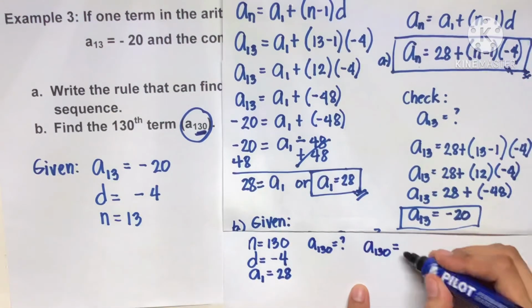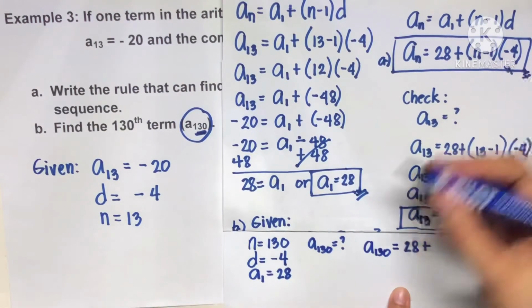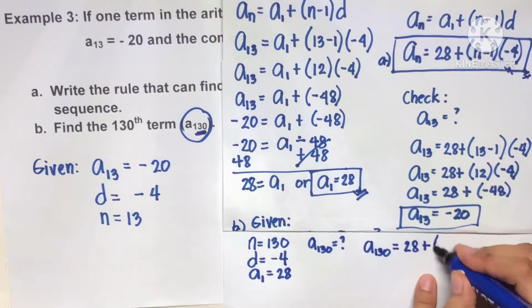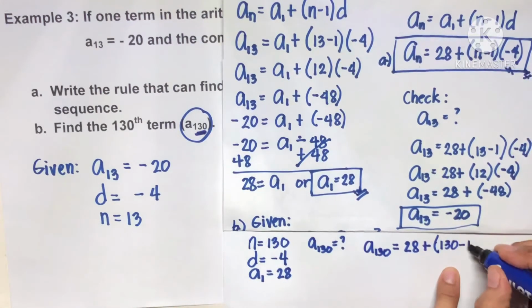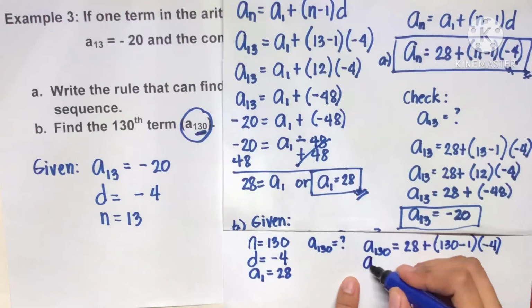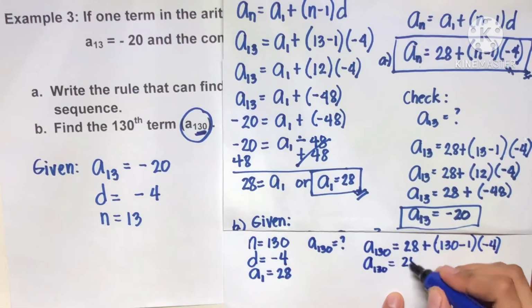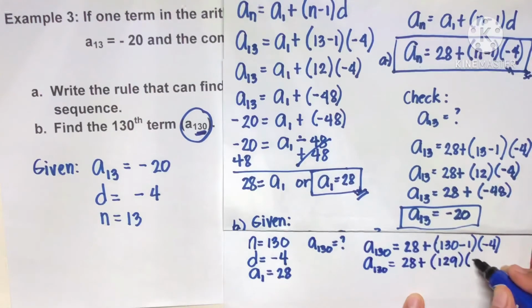We will copy 28 plus our n, which is equal to 130, minus 1 times negative 4. So a sub 130 equals 28 plus 130 minus 1 is 129 times negative 4.